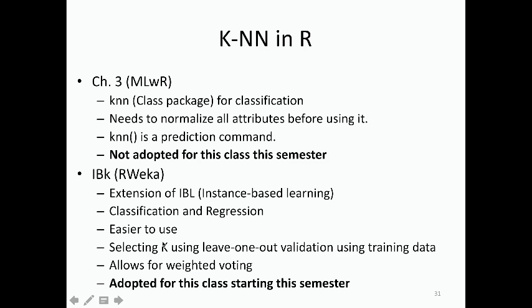Instead, I use RWeka. As a result, you don't have to normalize, and even though it is a lazy learner, you still have a somewhat similar function and code structure using IBk, and then evaluate_Weka_classifier. In fact, in assignment 6, I extensively asked you to use evaluate_Weka_classifier to shorten the amount of code required to get cross-validation results, and so on.